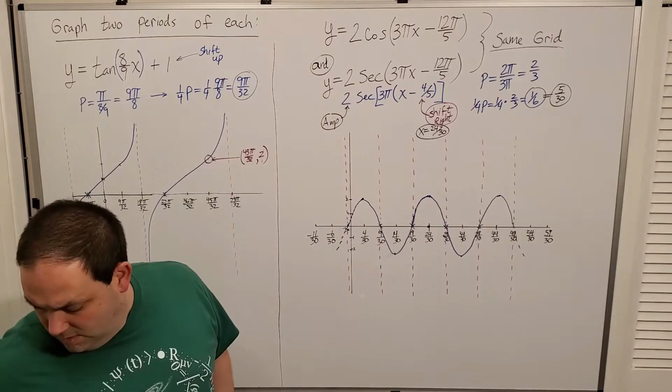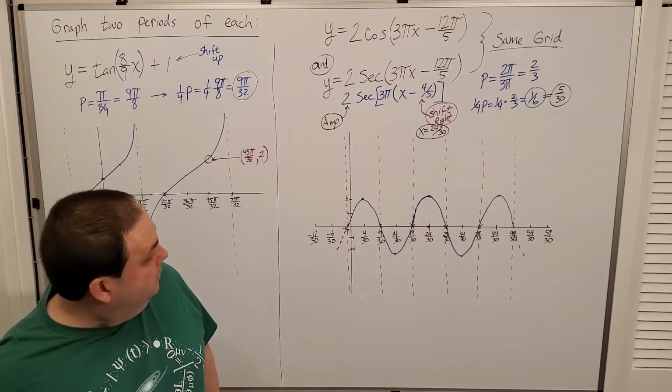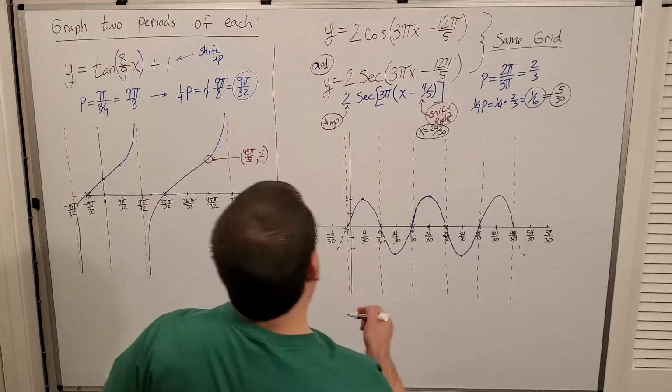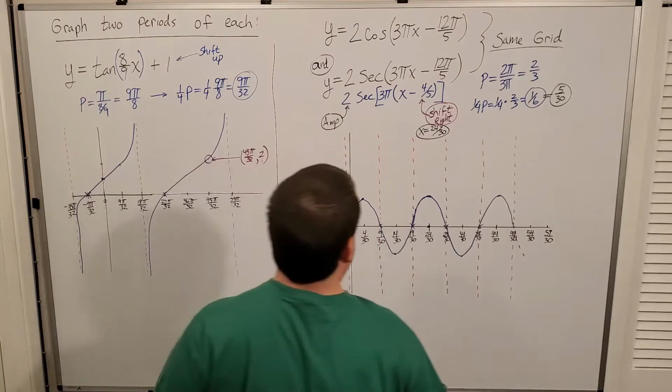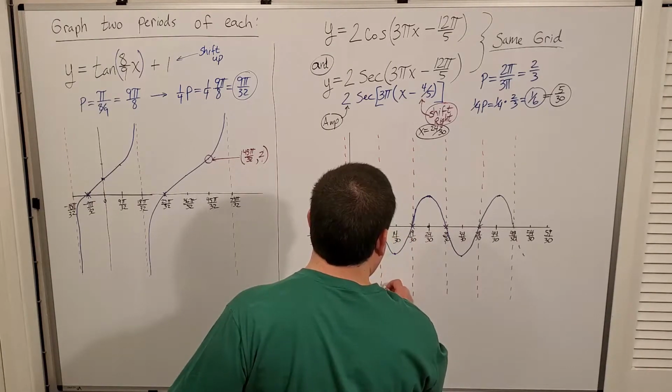Okay, so let's see if I've got a good enough color here. How about this off magenta again? So then my secant is going to be hugging the walls and kissing the peaks, right? Like this.